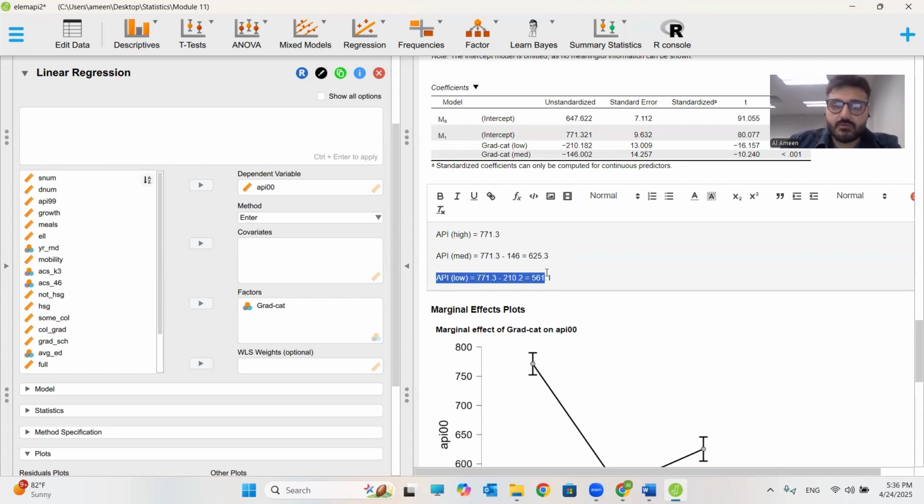And then we do the same thing for the low percentage of parents who attended graduate schools, and it's definitely expected to go lower. So those three values are my predicted mean API for incorporating this factor.